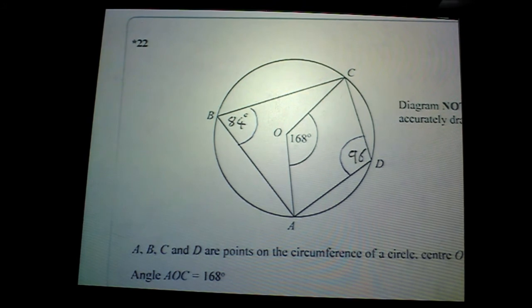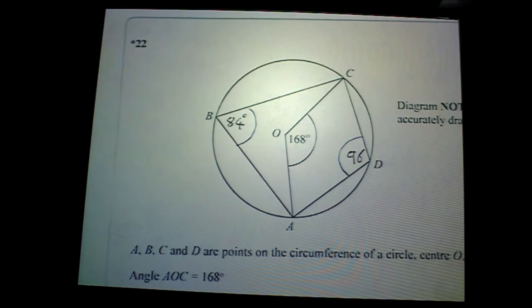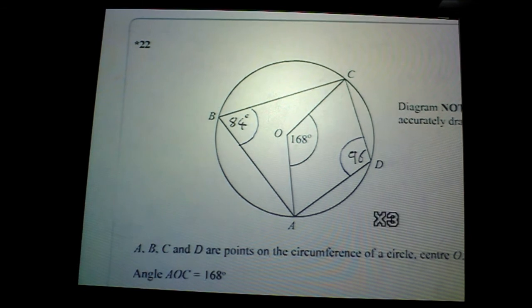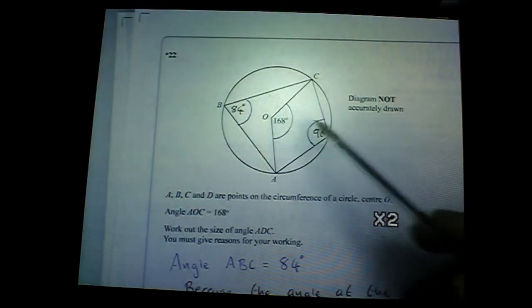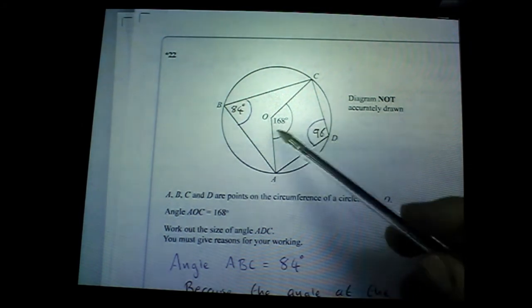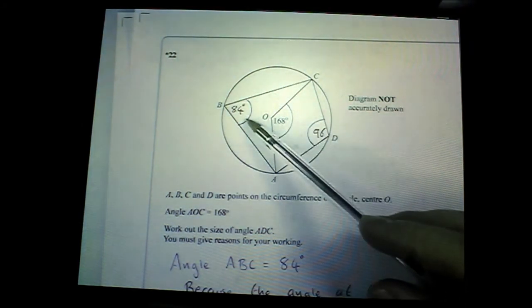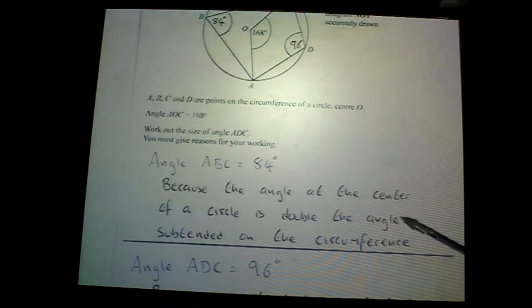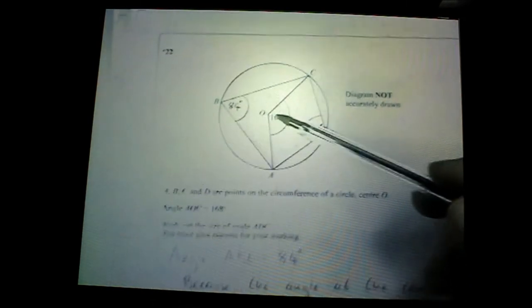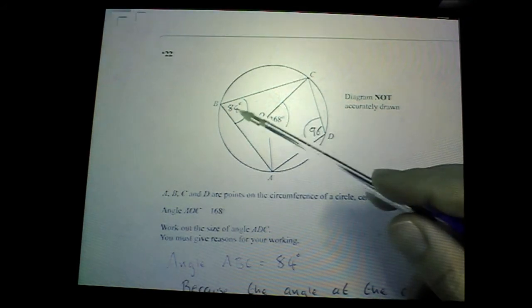Okay, question 22, circle theorems. If you know your circle theorems, this will be good for you because there's 2 of the nice easy ones here. You're told the middle one is 168, you need to work out this one here. If that's 168, that's 84, because the angle at the centre of a circle is double the angle subtended at the circumference. So this one here is double that one.